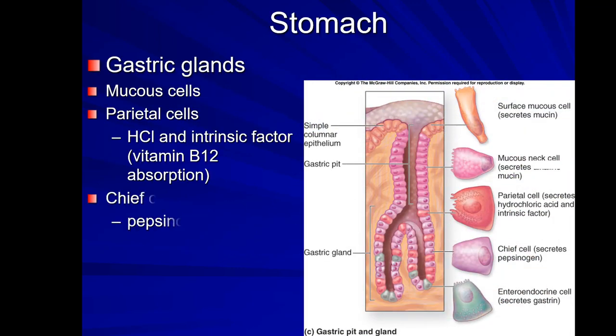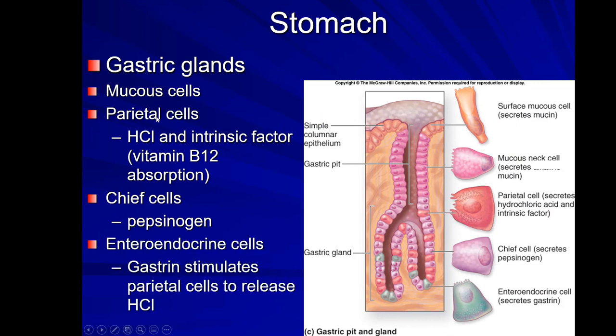And if we look at the cells that secrete things in the stomach, we have mucus cells that secrete mucus, parietal cells that secrete hydrochloric acid, which has a very low pH that helps break down food. This is why the stomach is so acidic. And intrinsic factor, which is a substance that's important for the absorption of vitamin B12.